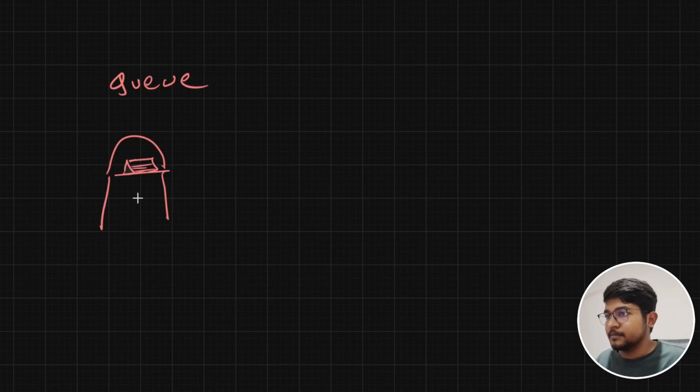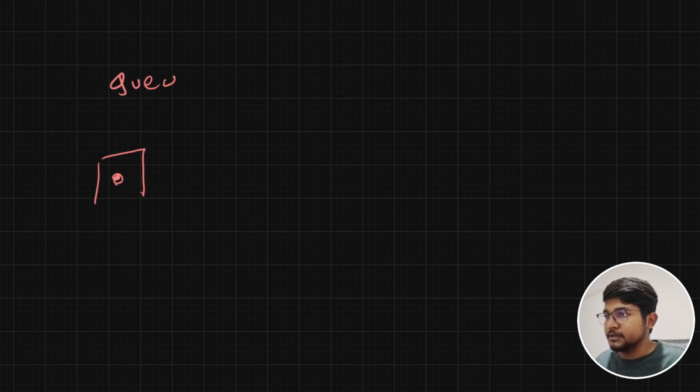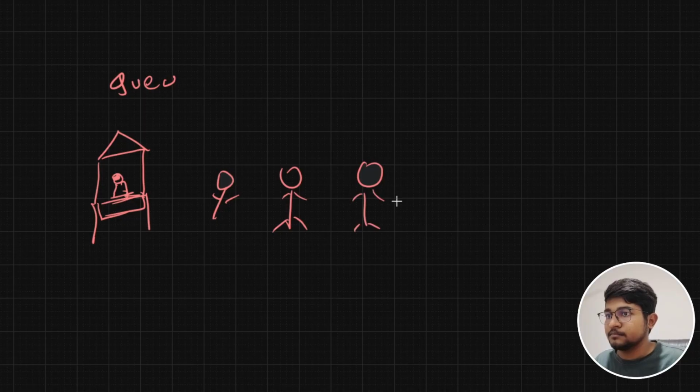Someone is sitting here. Let me draw it properly. This is a window. Some person is sitting here, and people are standing here in a queue.